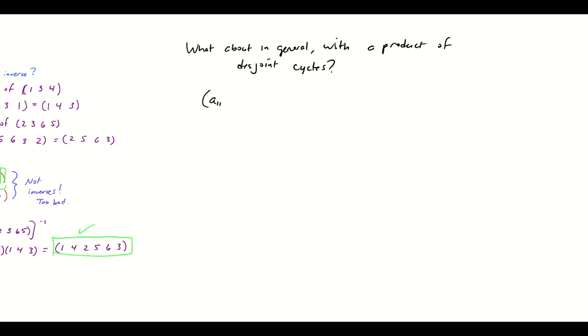Let's say it's written as A11 through A1K1, A21 through A2K2, and so on. Remember, K1, K2, all those are the lengths of cycles. And then I almost used N here, but I don't think I want to use N. Let's use M instead, AM1 through AMKM. So M will be the total number of cycles, and these things, K1, K2, KM, those are the cycle lengths.